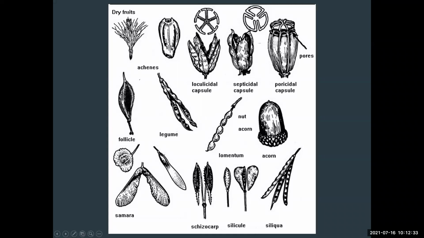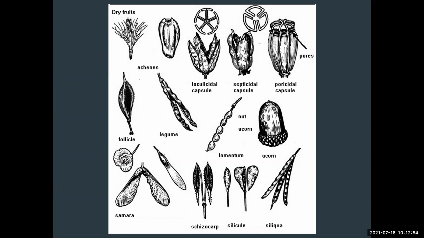Acorns, obviously, where the whole fruit drops off and it's dry, it never opens up. And then we also have fruits that can open in a variety of ways, but the most important term here is capsule. So if it's a dry fruit that opens up to release its seeds, it's called a capsule.